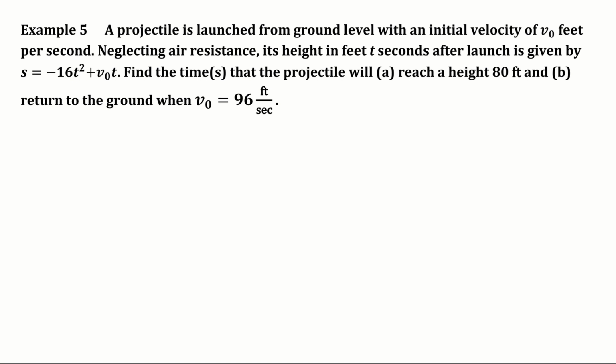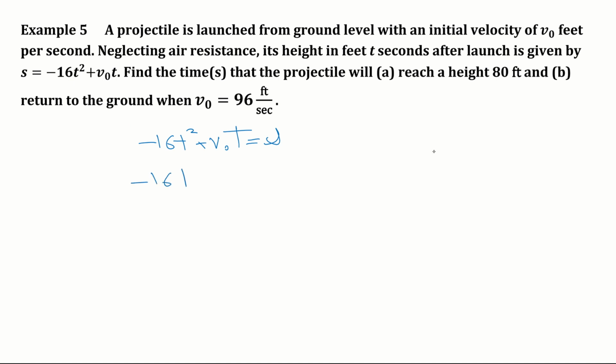Okay, so we know that negative 16t squared plus v0t is going to equal s, right? Now I'm going to write it like this just because it'll be a little bit easier to work with in this format. Now it's telling me that the initial velocity is 96, so v0, so I'm going to substitute that.